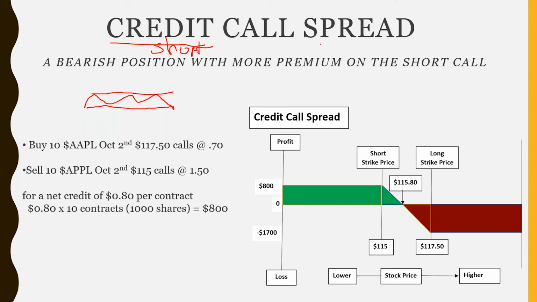So you short a call, which means you're bearish. And you do credit put, you short the put, so it means you're bullish. But you short the call means you're bearish. So credit call means bearish because you shorted, right? So just credit means shorted. Okay, just think of it that way.